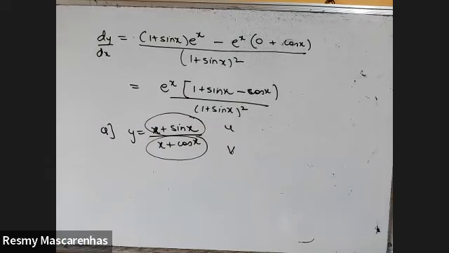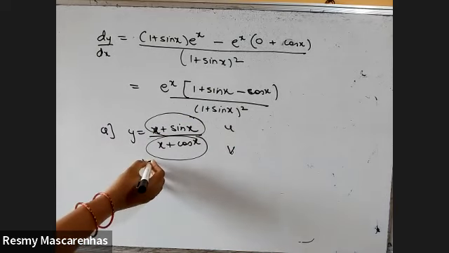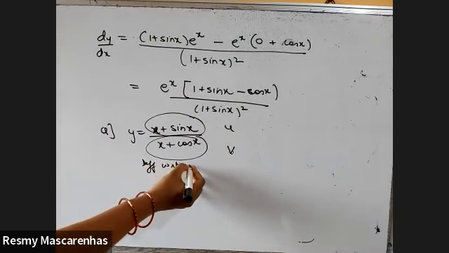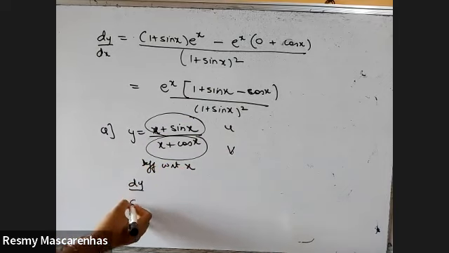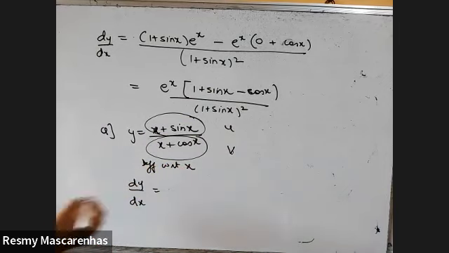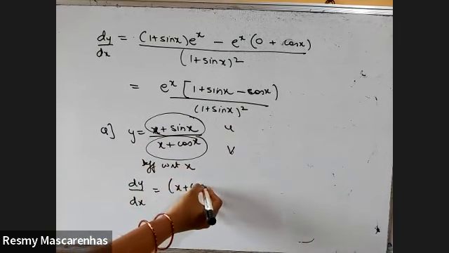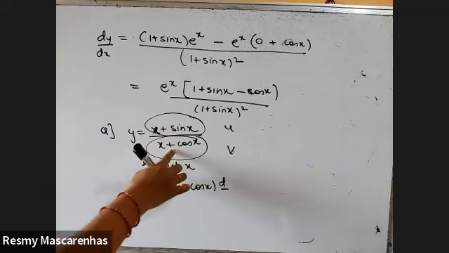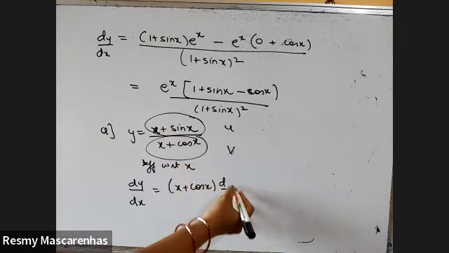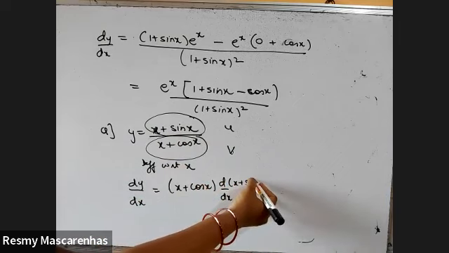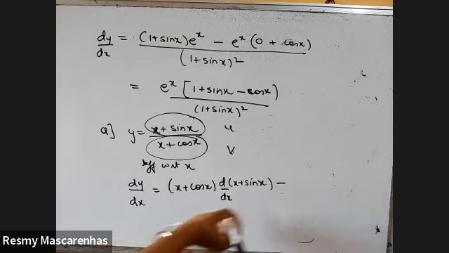Apply the formula. v into derivative of u. The middle sign is minus.